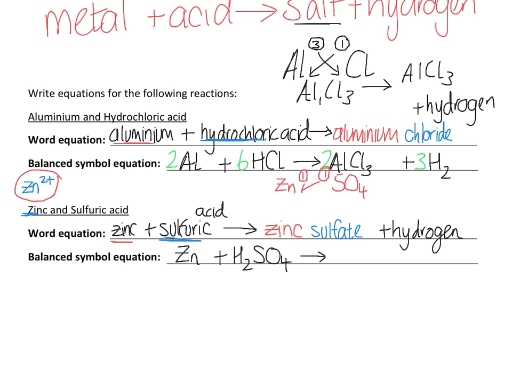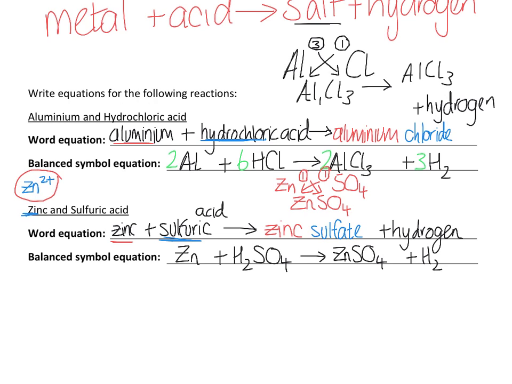And then if I swap and drop and ignore my ones at the same time, you can see that these ones are going to cancel each other out, and so I'm going to end up with ZnSO4. So ZnSO4 for sulfate, zinc sulfate, plus H2 for hydrogen.